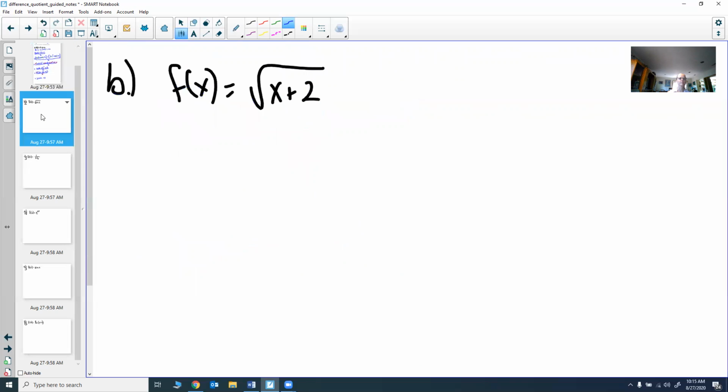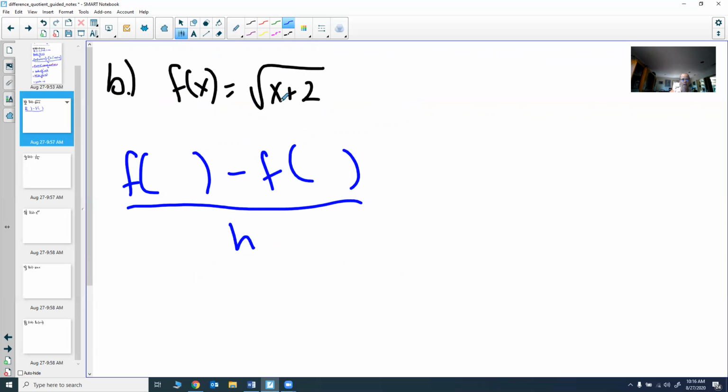Let's try another example. Let's try f of x equals the square root of x plus 2. So again, my difference quotient is f of something minus f of something all over h. The first something is x plus h. The second something is just an x.